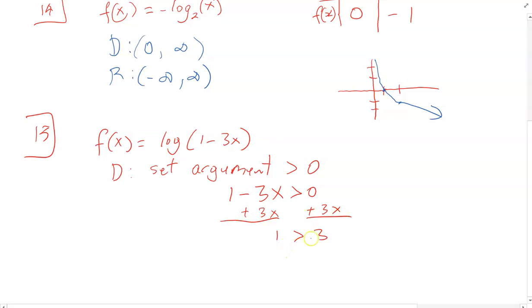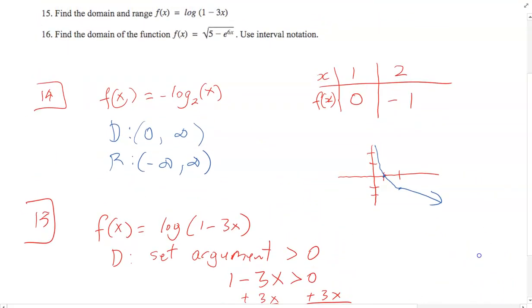And then if we divide both sides by 3, to undo the 3 on the side with the x, we have 1/3 is greater than x. So in this case, x would be less than 1/3. So your domain would be from negative infinity to 1/3. And that's your domain.